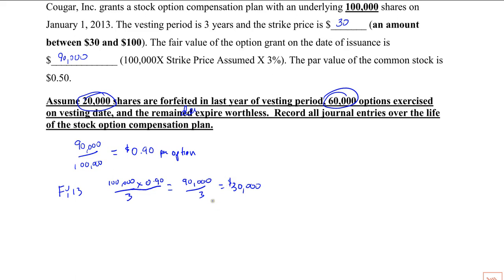I'm just trying to stick with this per option convention. The second year, FY14, is again 30,000.